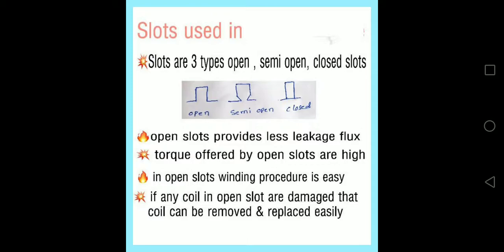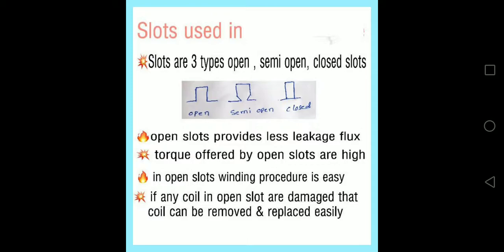In a semi-open slot, the air gap is less. In a closed slot, the air gap between stator and rotor is very less. In a semi-open slot, the air gap is minimum as compared to open, and in a closed slot, the air gap is very less as compared to semi-open slot.